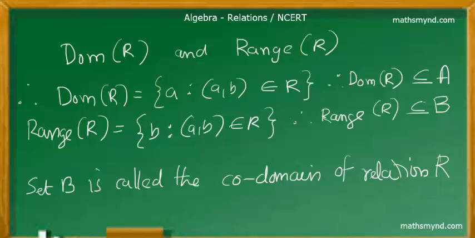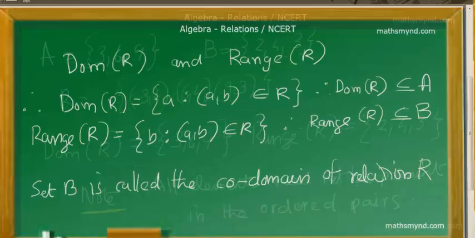And that's also the case with range, where the range is a subset of set B. And of course, range is written as b such that (a, b) is an element of R. And also, an important part is that set B is called the codomain of the relation R.